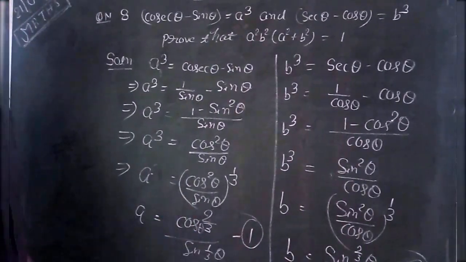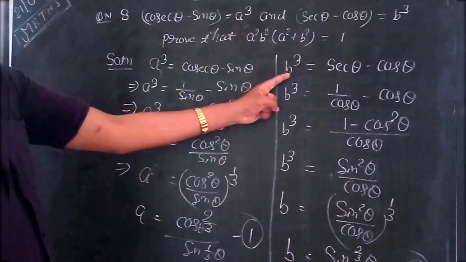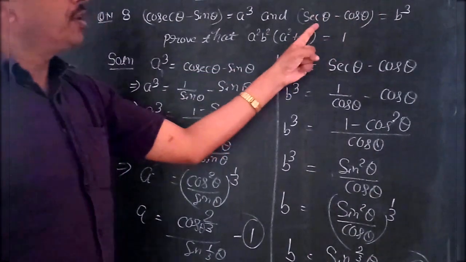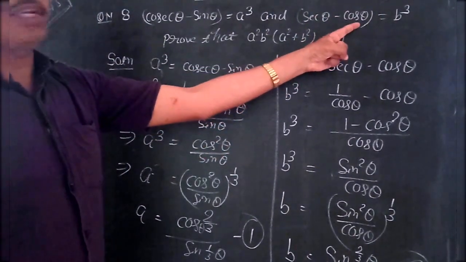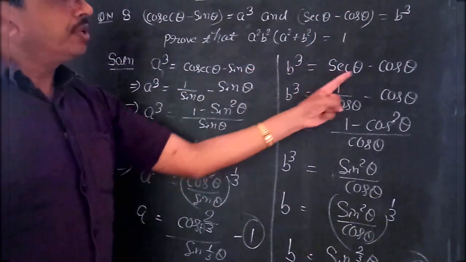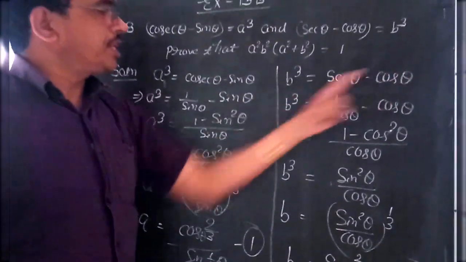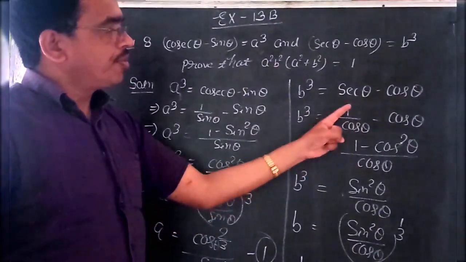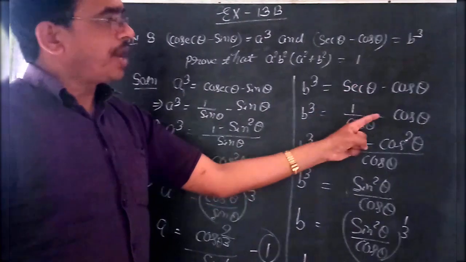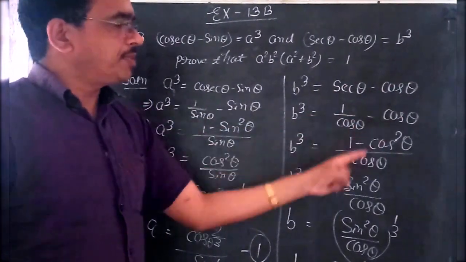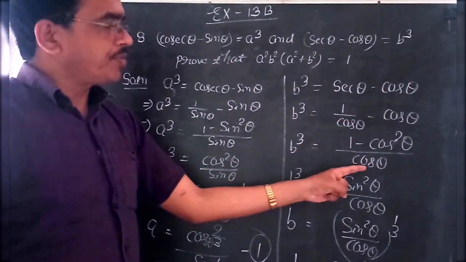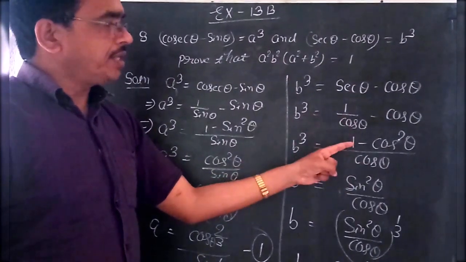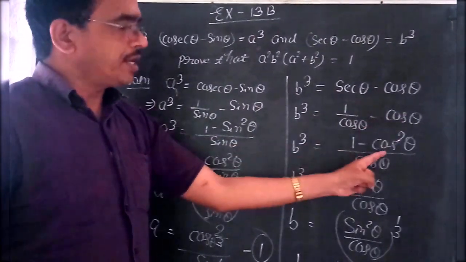It is the first equation. Similarly, second, here b cubed is equal to sec theta minus cos theta. So b cubed is equal to 1 by cos theta minus cos theta. Again LCM is cos. Then cos divided by cos we get 1. 1 into 1, that is 1, and cos into cos, that is cos square.